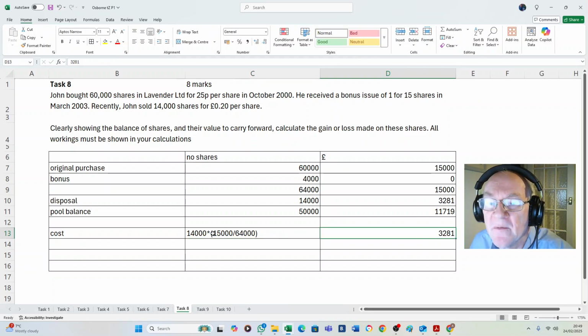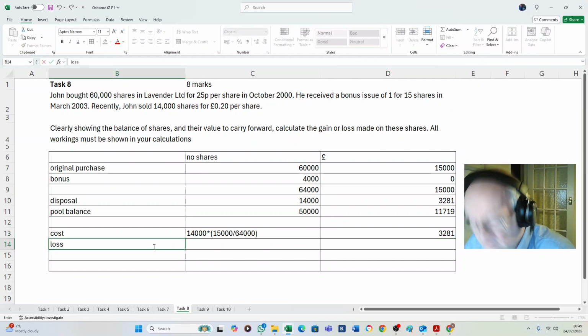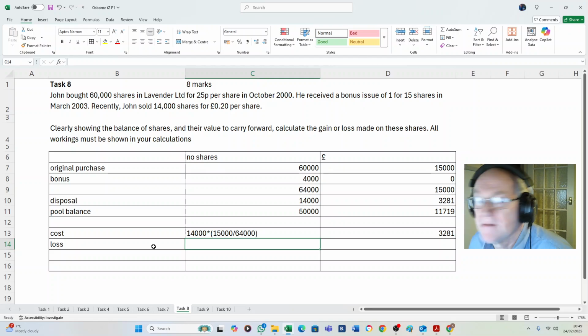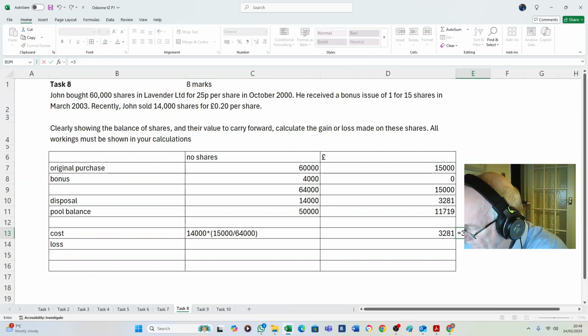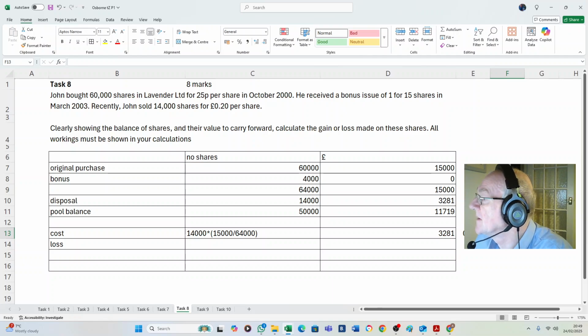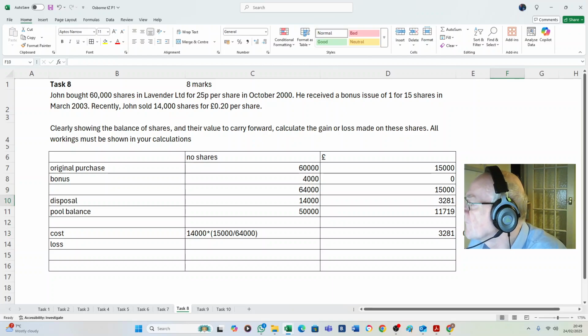That's the 3281 figure, and then loss, because if you work it out, it was still over 20p a share, so we know it's a loss.